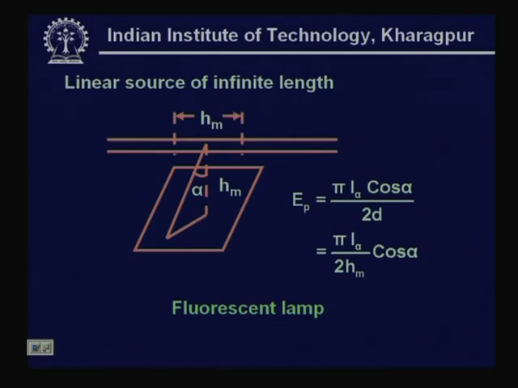This is, as I told earlier, for a point source, the illuminance is proportional to 1 over d squared, where d is the distance to the point, whereas for a line source it is 1 over d.